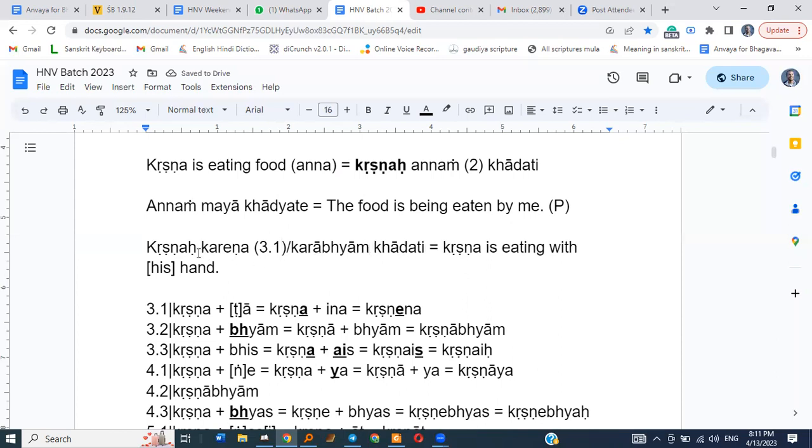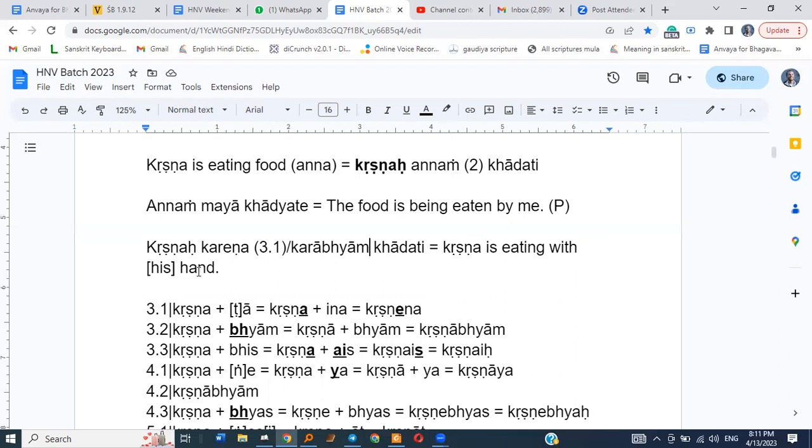So here, Krishna is eating. How is the act of eating being accomplished? What is the helping factor? That's the hand. So the movement of the hand, picking up the food from the vessel, from the plate, and then bringing it to the mouth, it's all being accomplished by the hand, right?